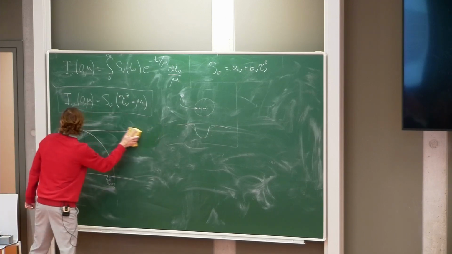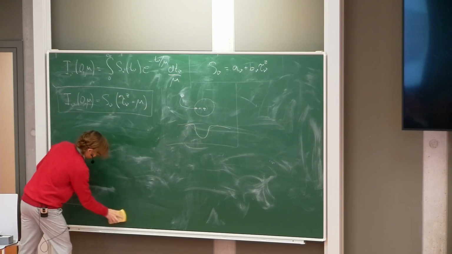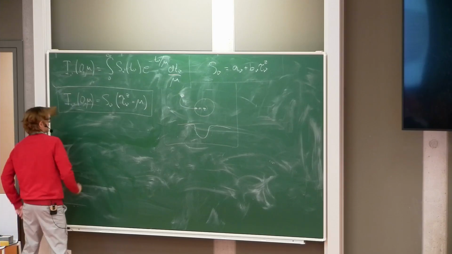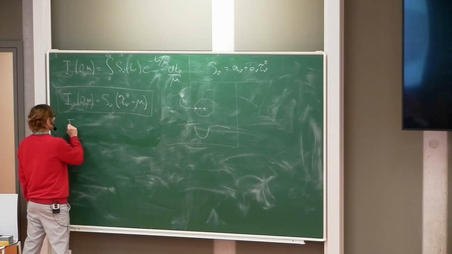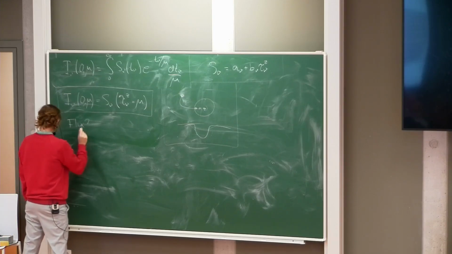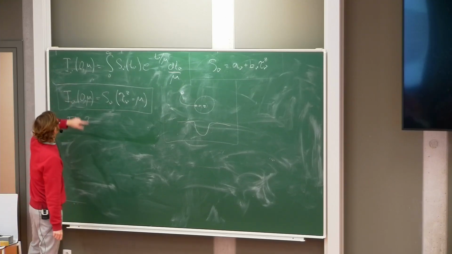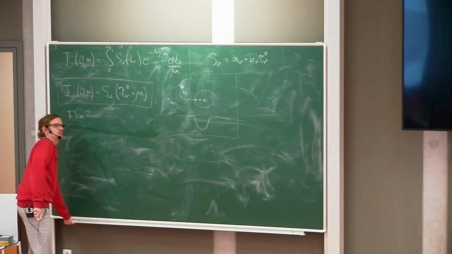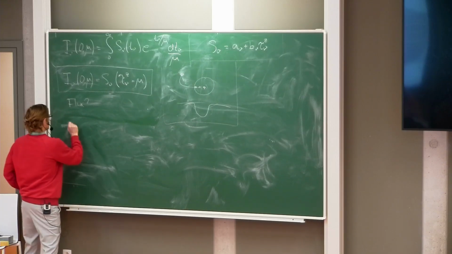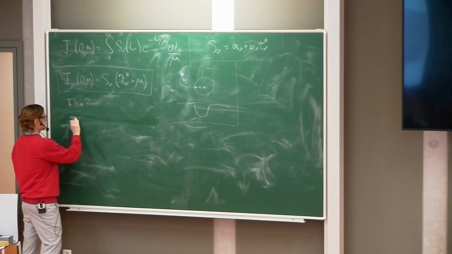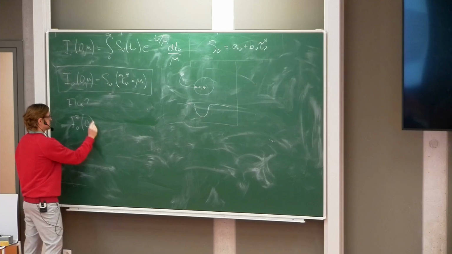One final thing here that we're going to do. What about the flux? Okay, so we can look at this expression now and see what this means for the flux emerging from the object in the z direction.